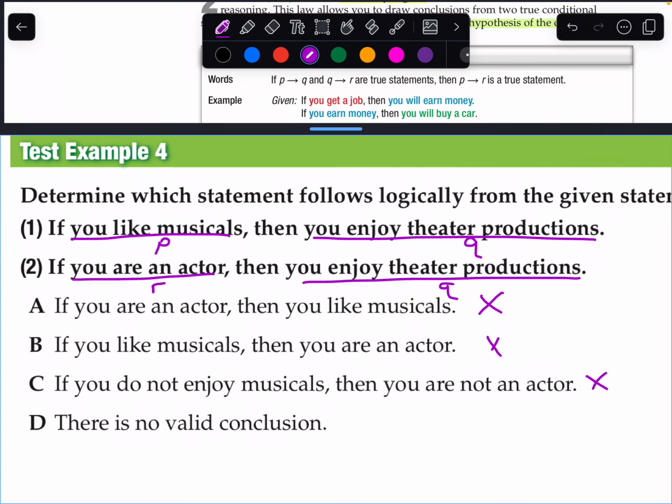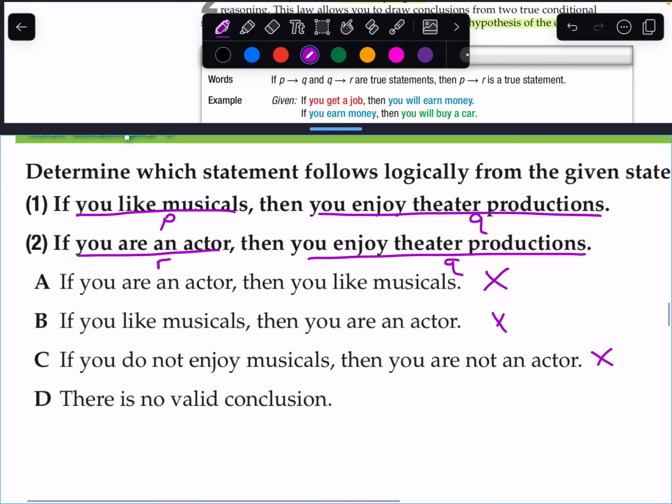We have no idea how these fit together. So really, the only true choice is that there is no valid conclusion here, because I have repeated my conclusion twice. I've not got a hypothesis in one and the conclusion of the other such that I could create a shortcut with the law of syllogism.